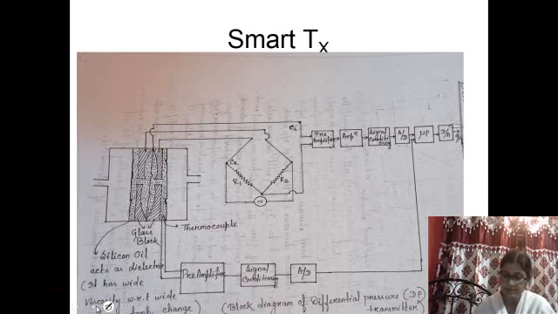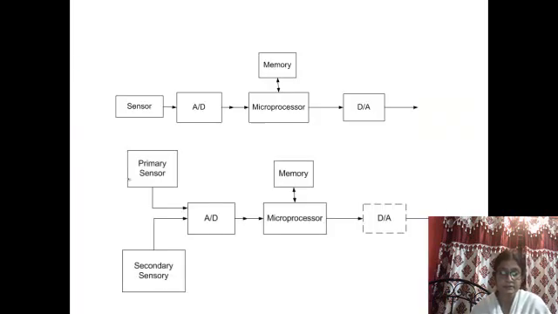A transmitter in which the corrections are applied to the primary sensing signal using a microprocessor to process information which is embedded in the memory, or one in which a microprocessor is used in conjunction with a secondary sensor to derive the corrections of the primary sensor signal, is termed a smart transmitter.